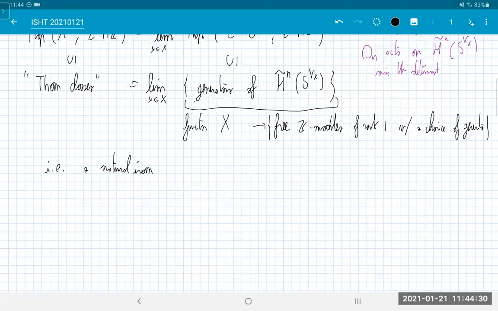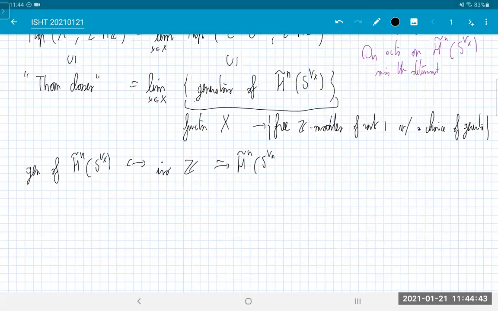Actually, yeah, sorry. What is a generator of H tilde n S^V X is the same thing as an isomorphism Z to H tilde n S^V X. So we are taking the limits of the space of isomorphisms, well, the set of isomorphisms really, but okay.